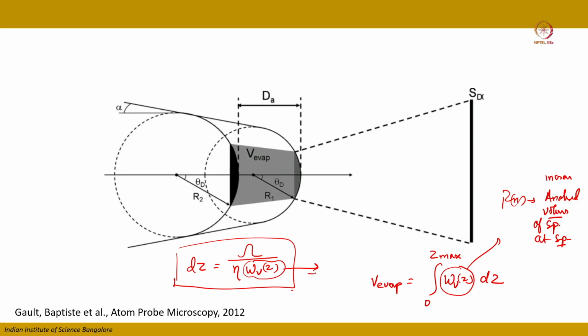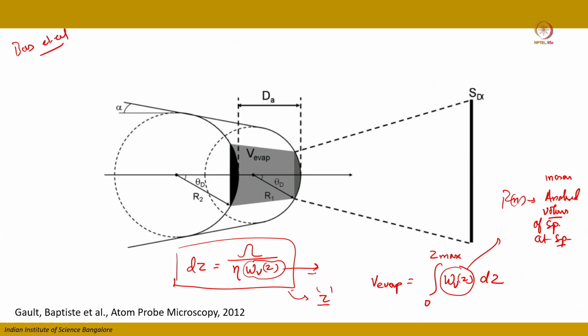This is the basic thing related to how to evaluate the Z, and we combine it with the point projection model, a simplified point projection model proposed by Bas et al.